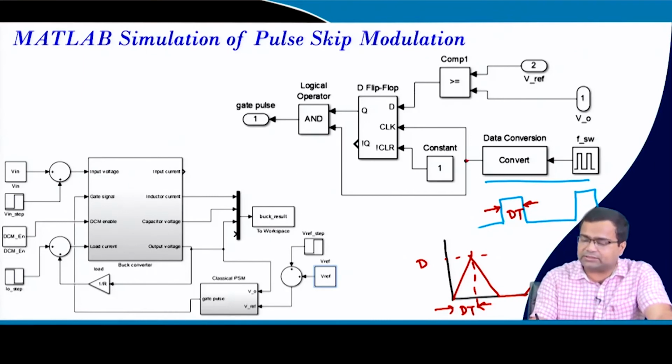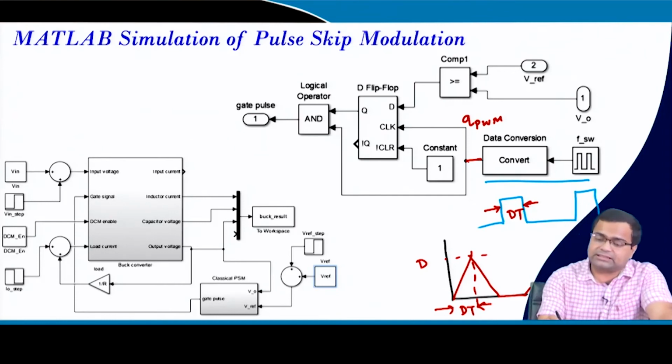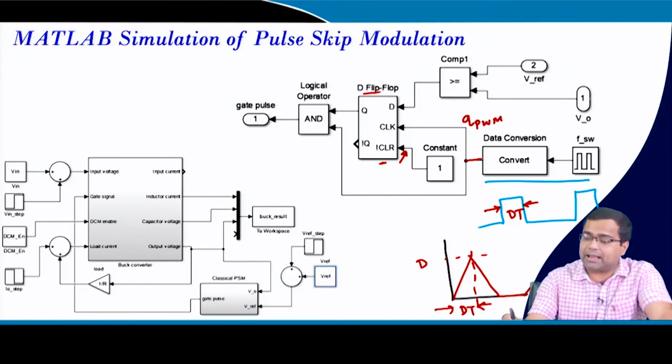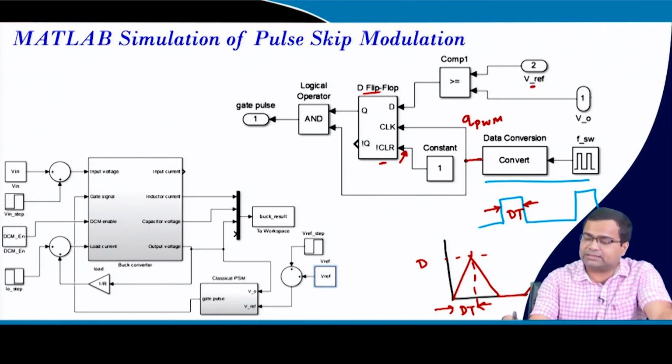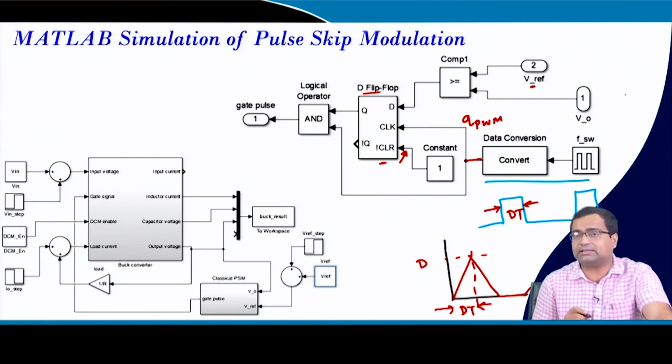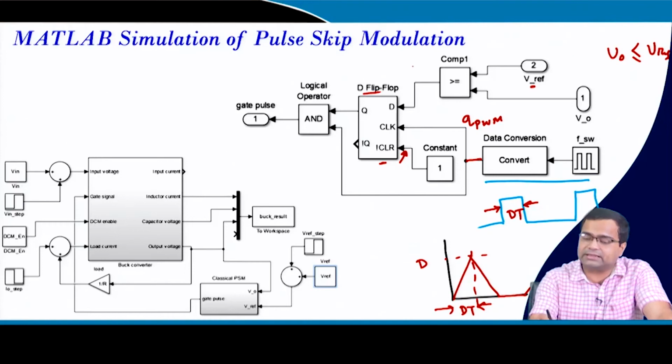This is my PWM clock, this is my Q PWM coming from the PWM logic, and then this is my D flip flop. This flip flop is activated by this signal. Then I am comparing the output voltage with the reference voltage. If my output voltage is less than or equal to Vref, this comparator goes high.